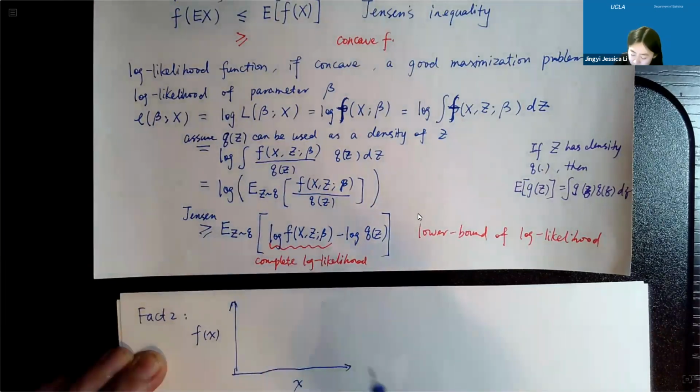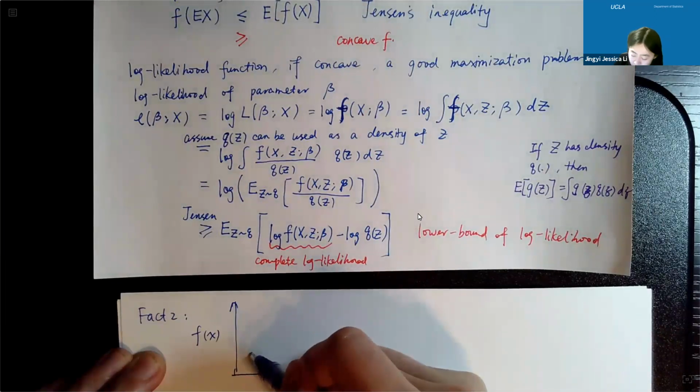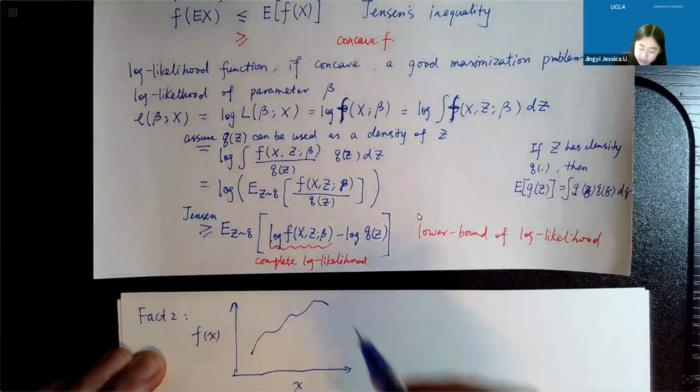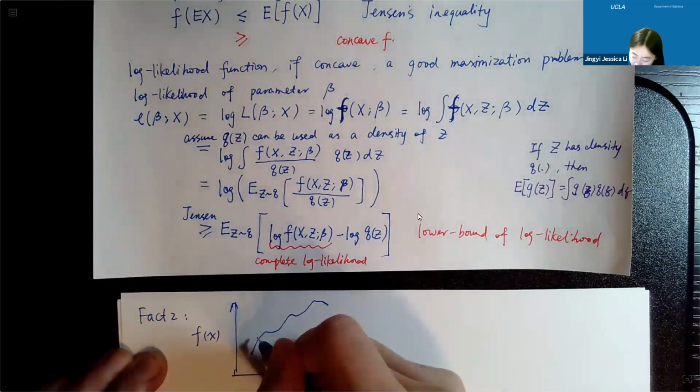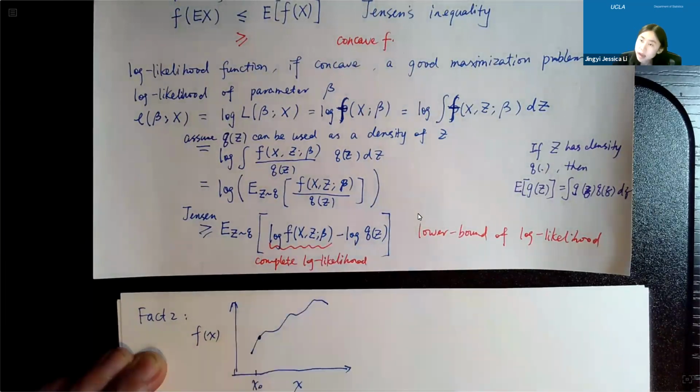So if I'm trying to maximize a rather complicated function like this, and I'm currently at this x value, I call this x0. How can I find the next value to increase my f function value?